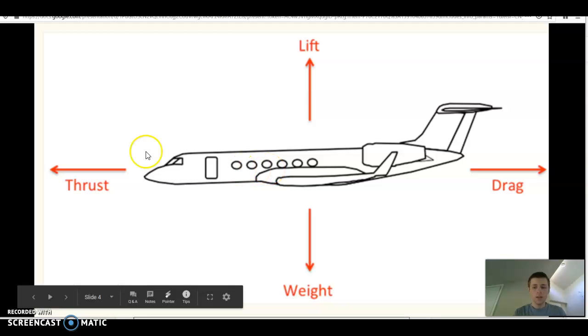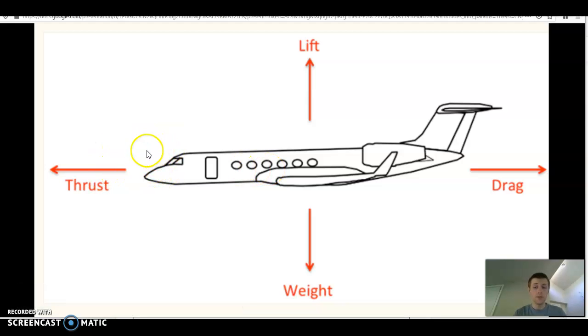You have thrust, which is pulling you forward, and you need this to be larger than your drag. Drag is a force that's pulling you backwards. Planes go at about 600-ish miles an hour, so they have a lot of thrust, and the drag is all the wind resistance pushing against them, so they need to overcome that.